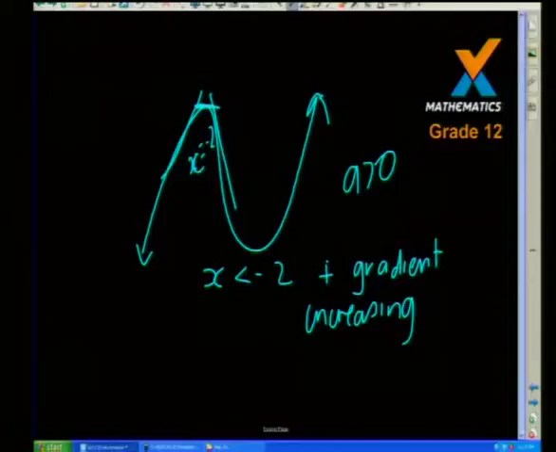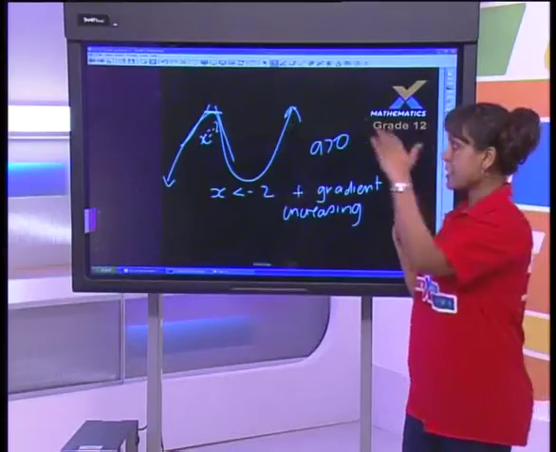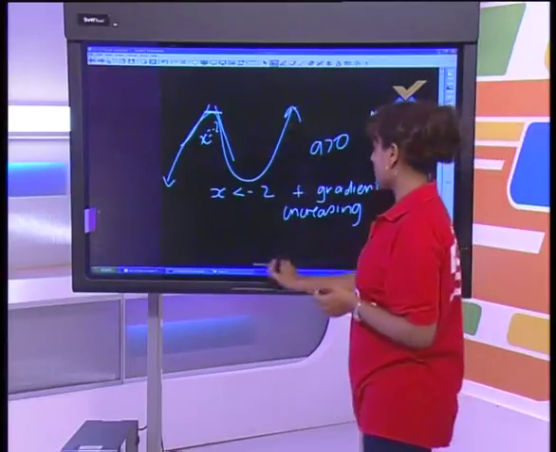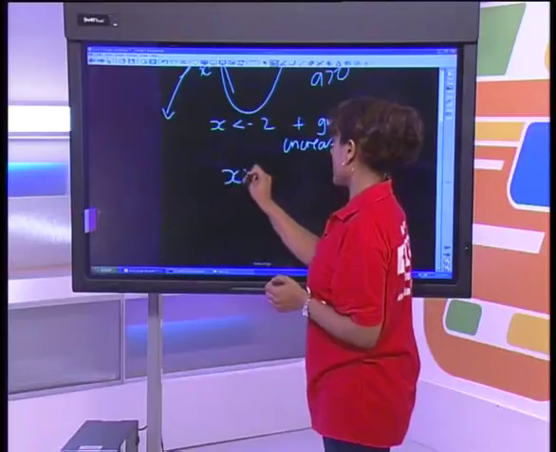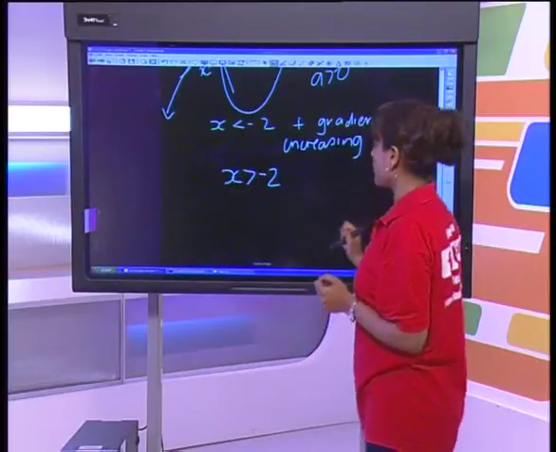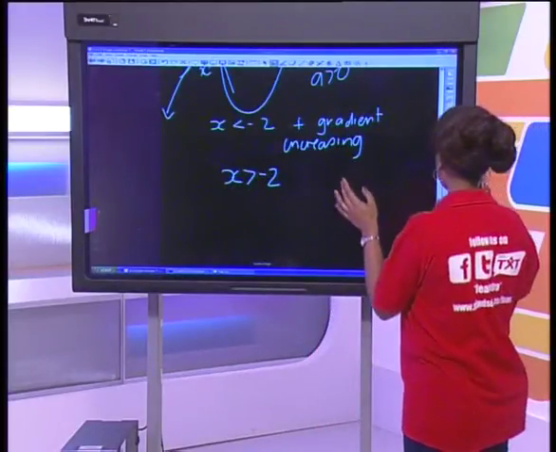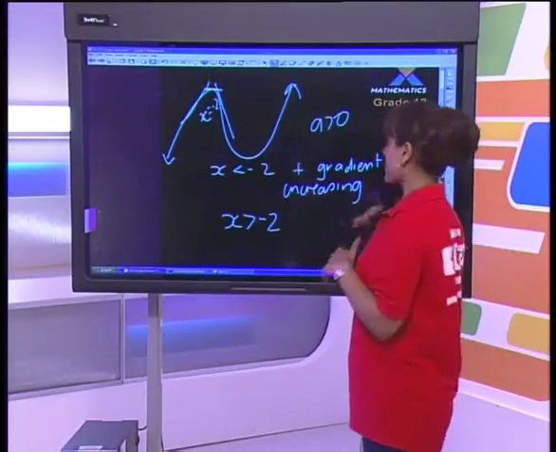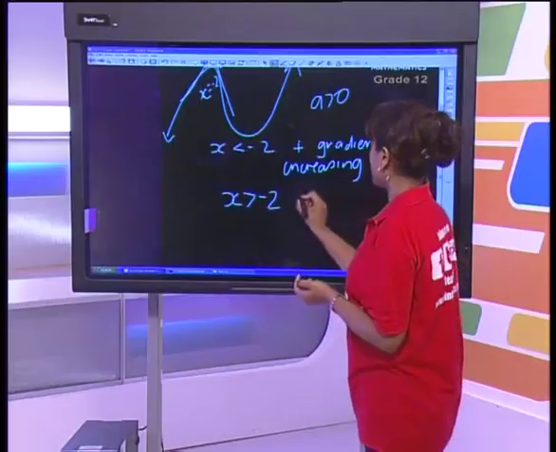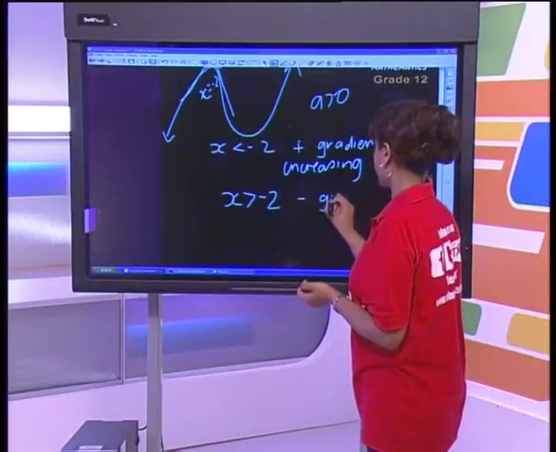Then at the point x is equal to minus 2, the derivative is 0. But then if we look beyond that point, so if we look from x anywhere to the right, so for x greater than minus 2, we have, if I had to draw a line to the graph, it will slope towards the left, so that means it has a negative gradient.